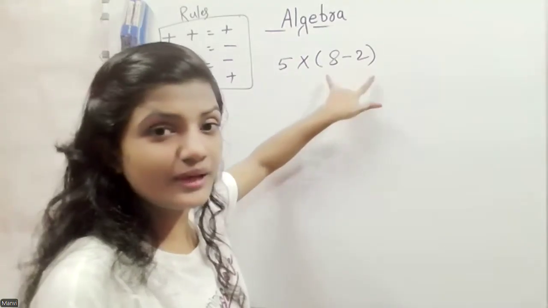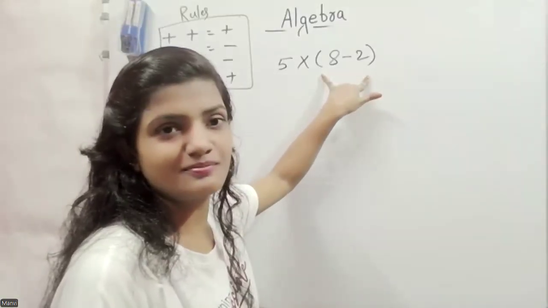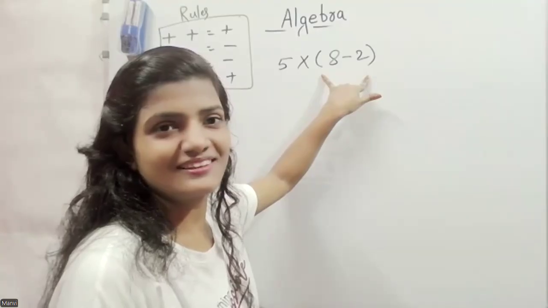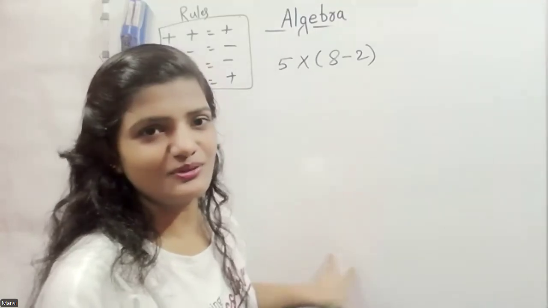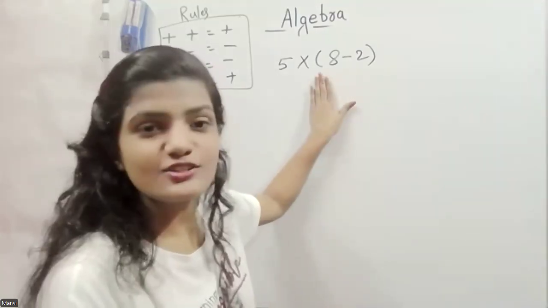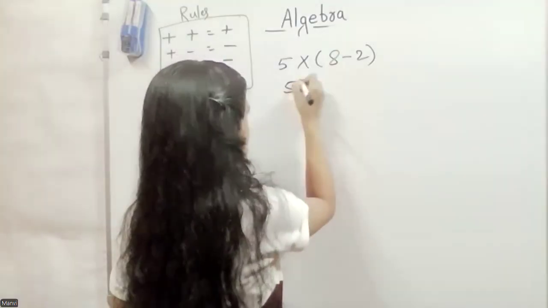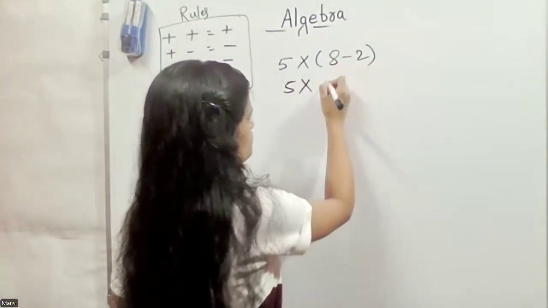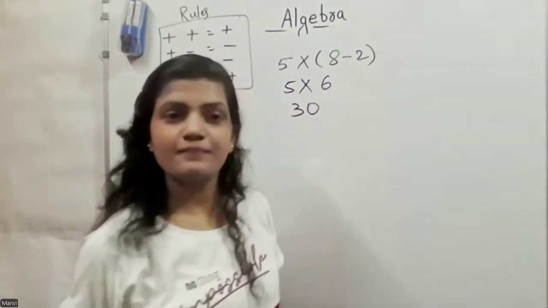You know what this bracket says? The bracket says solve me first. According to the BODMAS rule, this bracket says solve me first. So we need to solve this: 8 minus 2 is 6. Now 5 times 6 is 30.